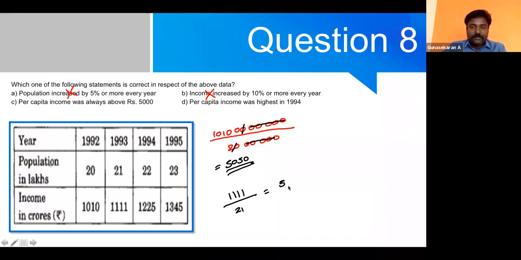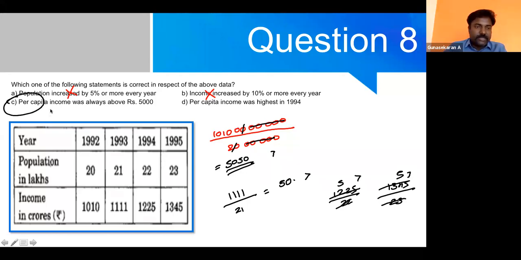Remaining 11. So 50 point something. So it is more than 50, more than 5,000. 1225 by 22: 5 times 110, more than that. So more than 5. 1345 by 23, more than 5. So per capita income is correct. Whether it is higher in 1994 or not, that we have to check. But anyway, option C is correct.